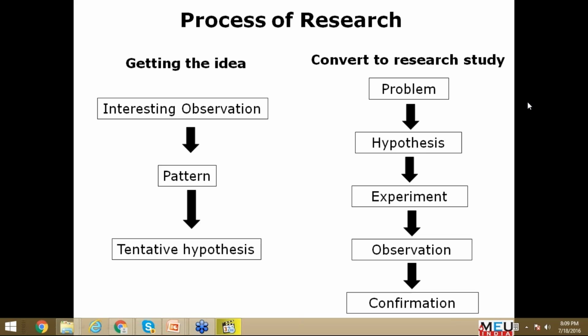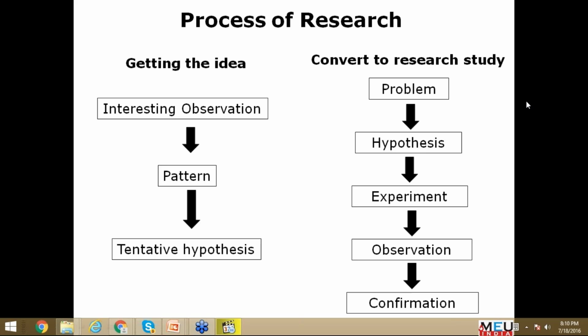And to really convert this hypothesis into a research study, we find out the problem, we make a hypothesis, and then we do certain experiments, which could be in the form of certain interventions, some drugs which we give, or some parameters which we remove from the situation, and then we observe.